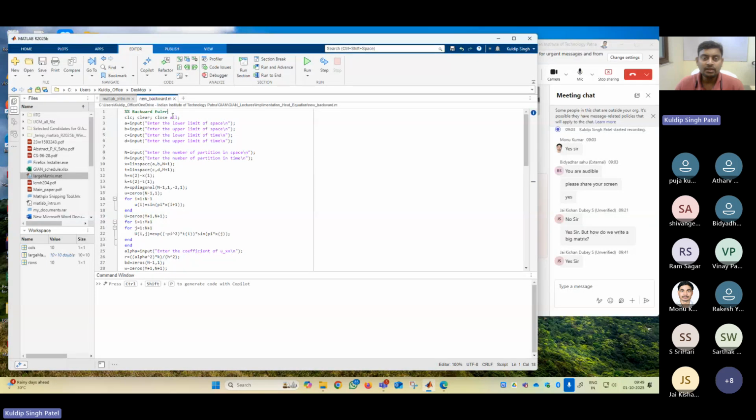Please try to understand why we are writing this in comments: writing this comment is very important, because after 6 months when you open this file, you won't be able to remember for which reason you wrote this code. So all of us should clearly write here: backward Euler numerical method for solving heat equation.